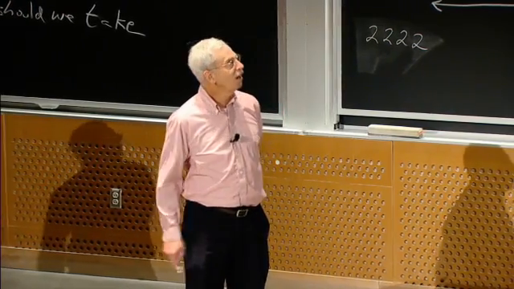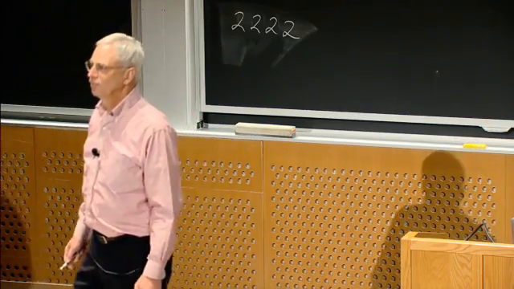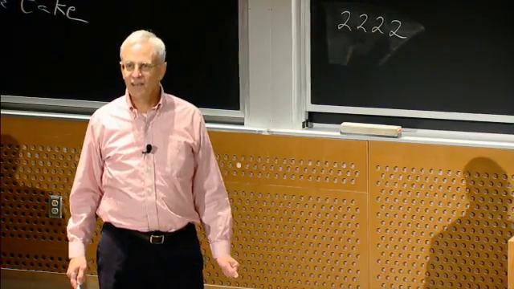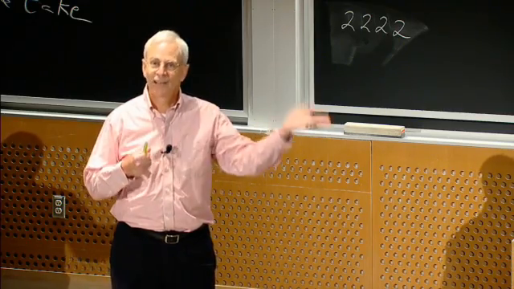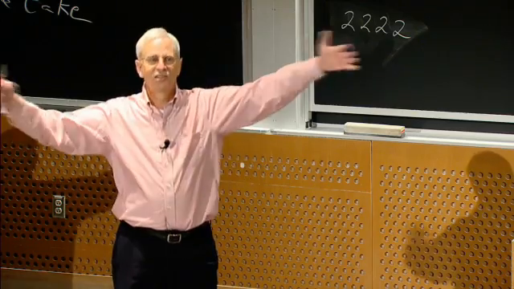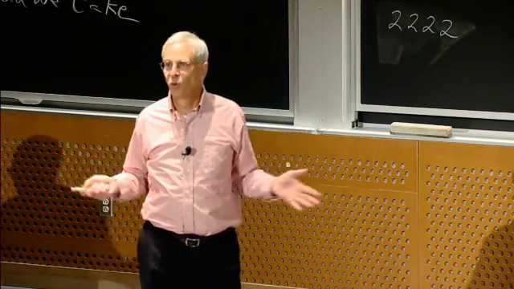But then every time fast solve is called without this argument, it will access the same object. So if I call fast solve to solve one problem, and in the course of that it builds up a big dictionary, and then I call it again to solve another problem, instead of starting with the empty dictionary, it will start with the same object it started with the first time, which is by now a dictionary filled with values. And so I will get the wrong answer.